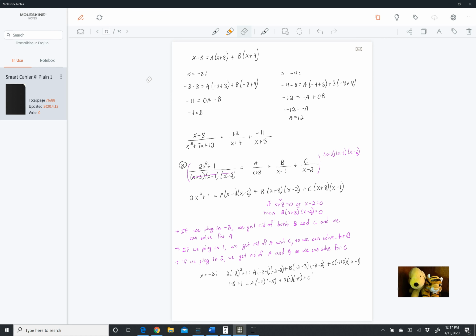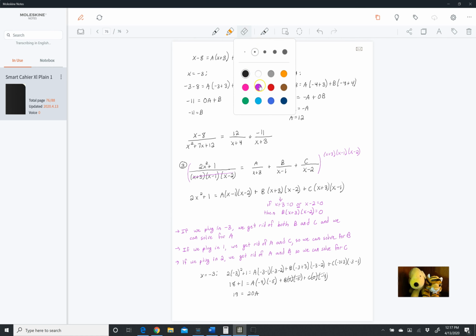Plus c times 0. This goes away. This goes away. So we get 19 is equal to 20a. And we could divide both sides by 20. And we get that a is equal to 19 over 20.